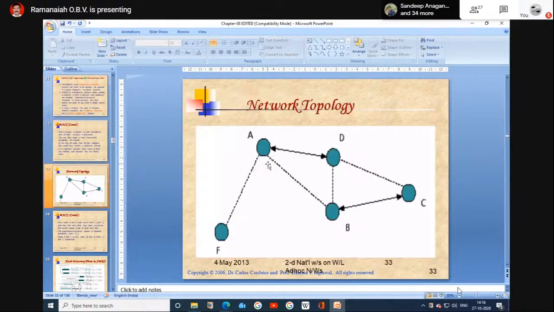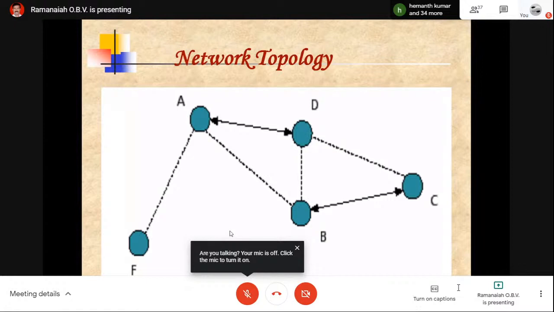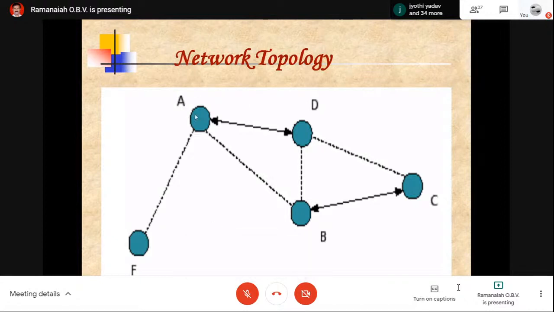So this is the example we will take, right? So there are 5 nodes indicated in this simple illustration: A, B, C, D, and F. And a node which is not visible here is E, right? That is intentionally taken.